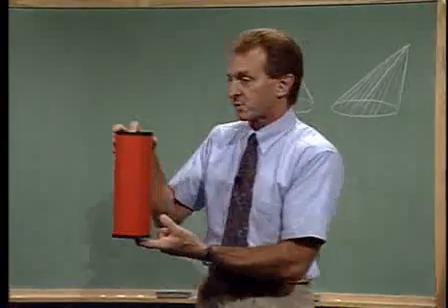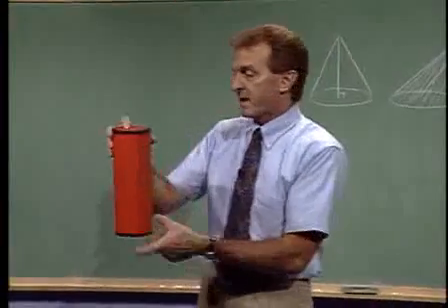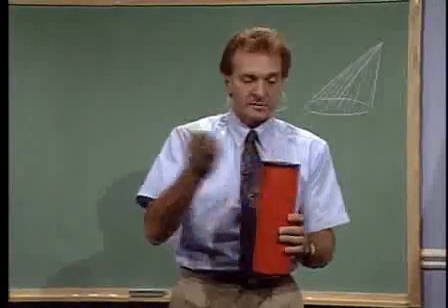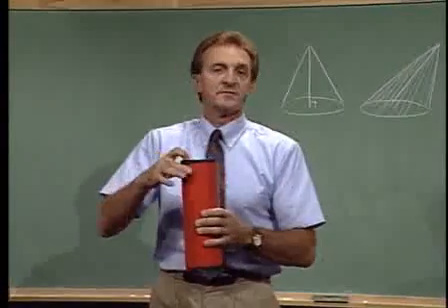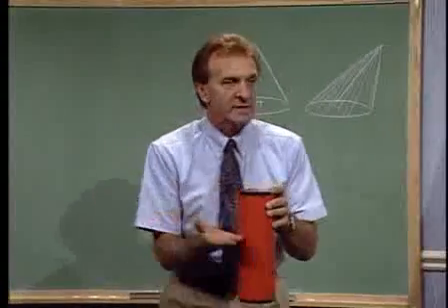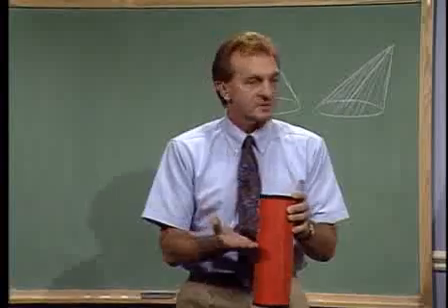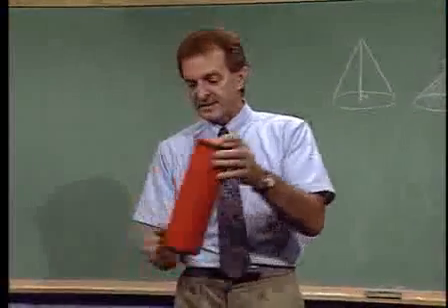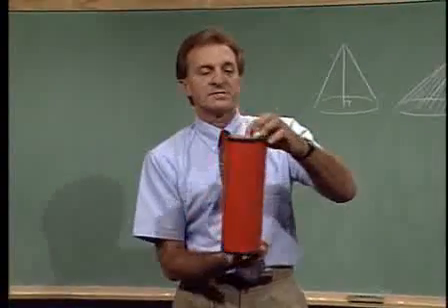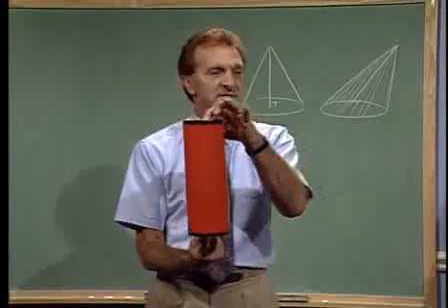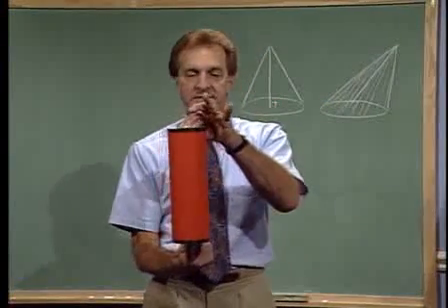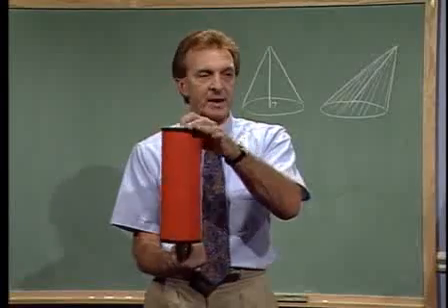And then we have the radius of the cylinder. The cross-section of this circular cylinder is a circle, so the radius of the cylinder would be the same as the radius of that cross-section. Then we have its axis, which would be from the center of the top to the center of the bottom, in the case of a right circular cylinder. That's the axis of the cylinder that it could spin around.